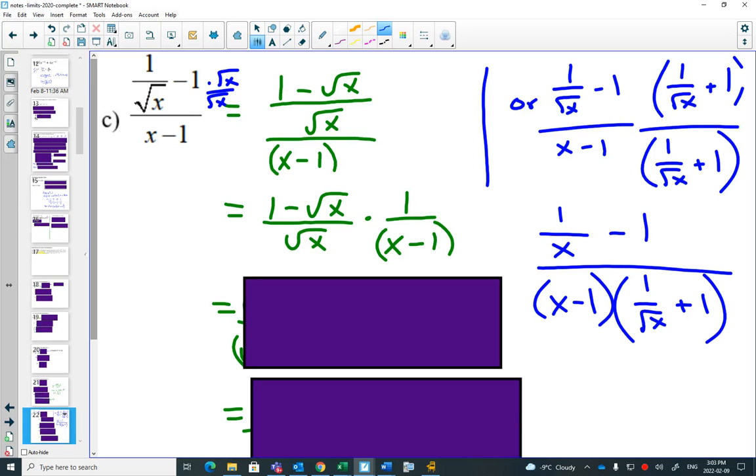So I'll solve both of them so we can see both. From this point, if you're working on the blue side or you're working on the green side, you want to get your answer to be a single fraction in the end, as factored as possible.